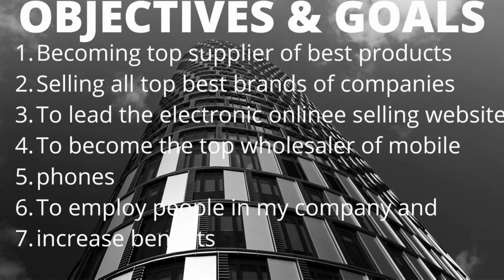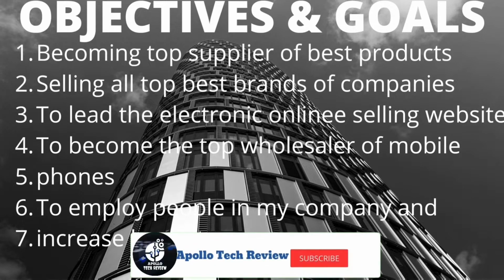Then in number 3, to explain the objectives and the goals. Objectives and goals are small targets that you know you will achieve in either 1 week or 5 months. For example, you can say that you want to become the top supplier of best products in a short period.